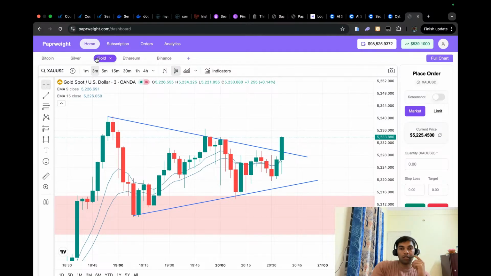Okay, so we have missed the trade, guys. What we were expecting is that gold will explode in either direction, and it exploded in the up direction. That's cool.